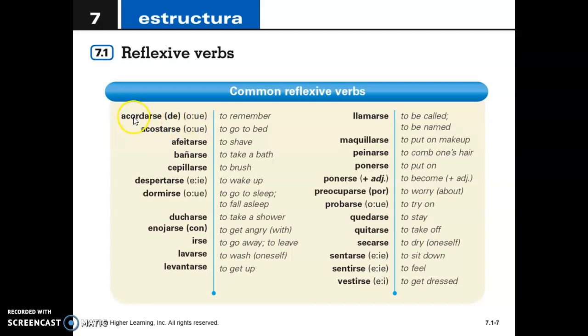So I'm going to look at this O, and whenever I conjugate that in the present, it's going to go from O to UE. Same thing in here. In here, that doesn't happen, but it happens in here. So I have three changes. It can be from O to UE, from E to IE, or from E to I over here. Keep that in mind. If you don't remember, feel free to go back to look at the stem changing verbs.